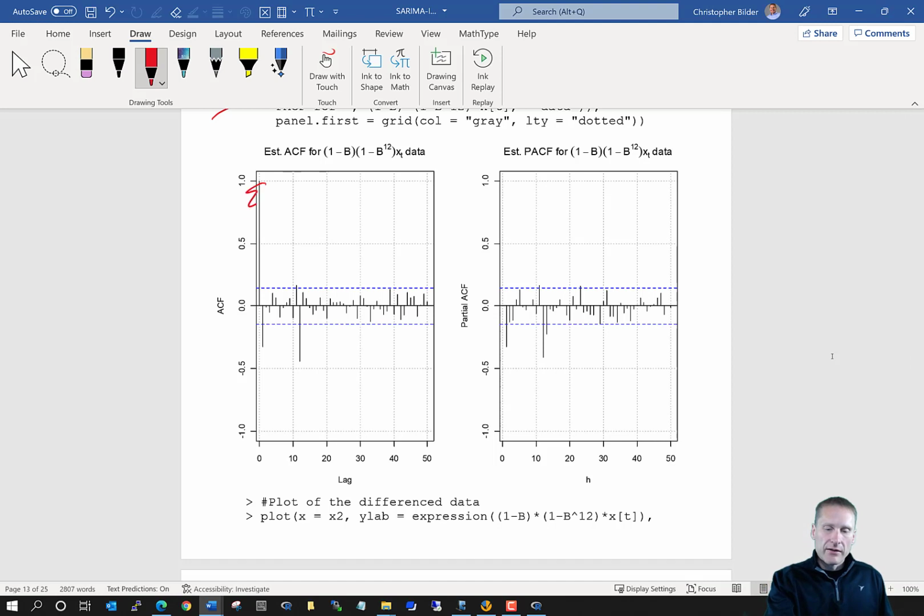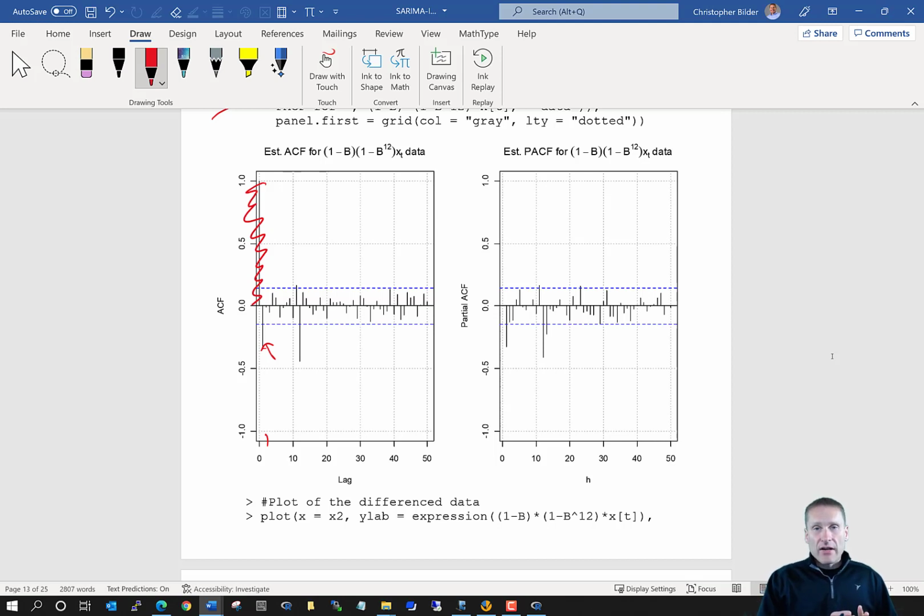Again, ignore lag 0 on the ACF plot. Similar to what we saw with the true autocorrelations and the true partial autocorrelations, we have these patterns. Because I have a non-seasonal moving average component, at lag 1 I'm going to have a significant autocorrelation.